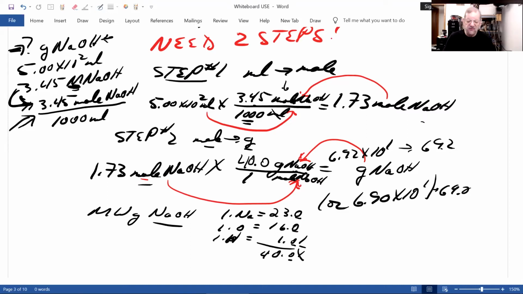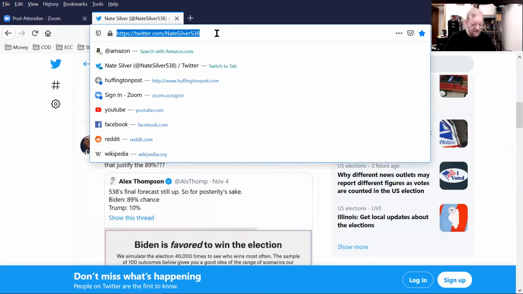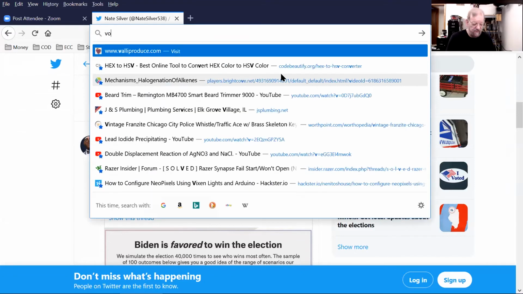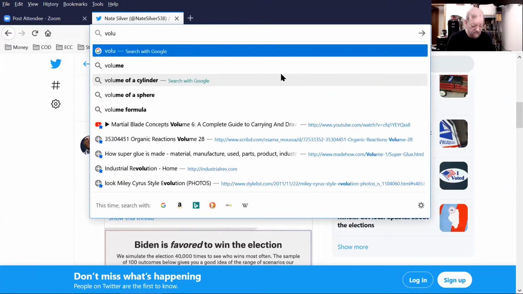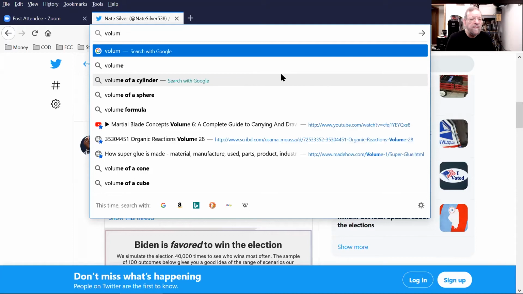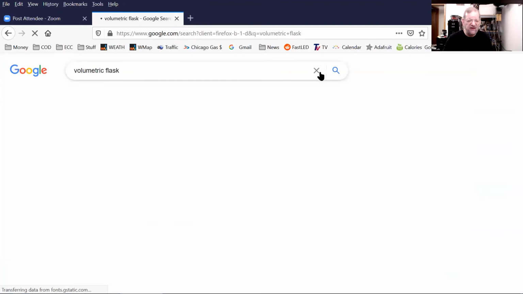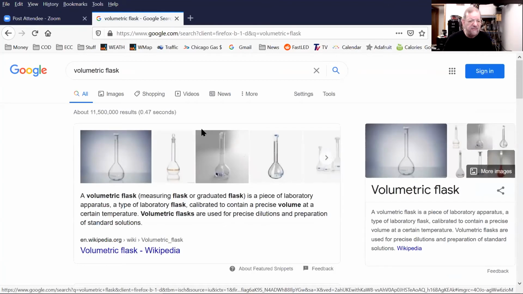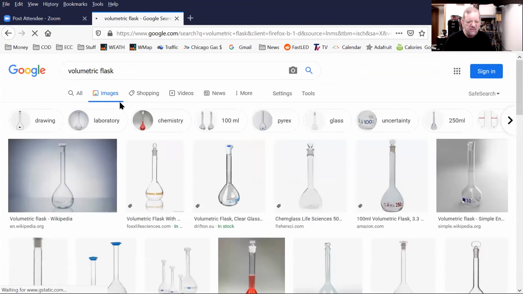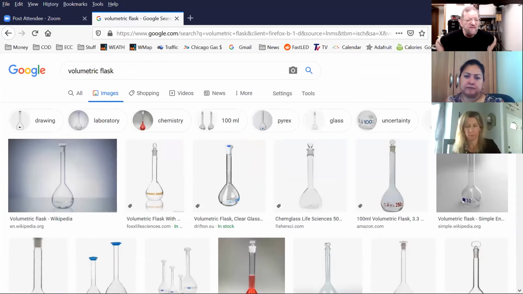Now, before I let you try one, making stock solutions like that is so important that, can everybody see volumetric flasks from Google on your screen now?